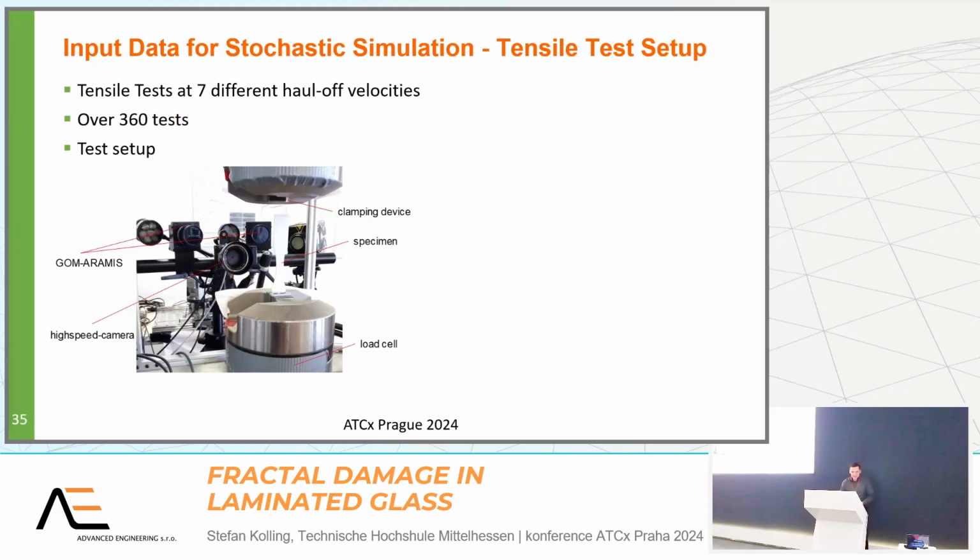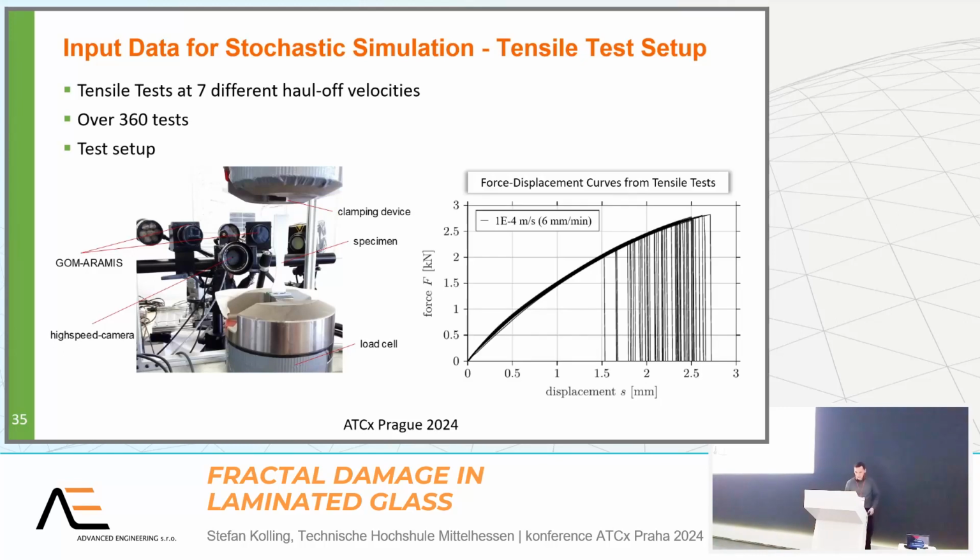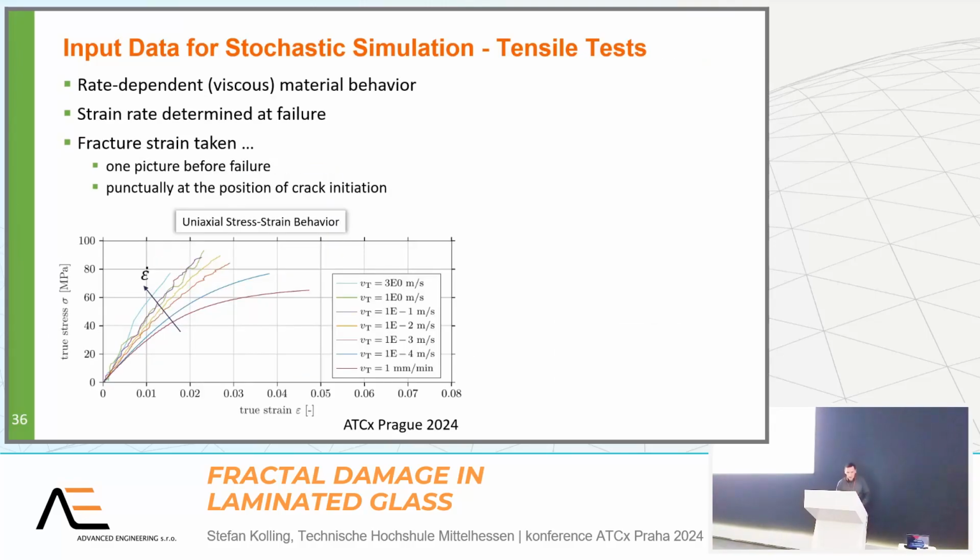So, finally, some input data for the stochastic simulation. We tested over 360 tests, and the test setup is seen here, just a tensile test. These are the curves for the PMMA, and here we can see the rate dependency of the material.